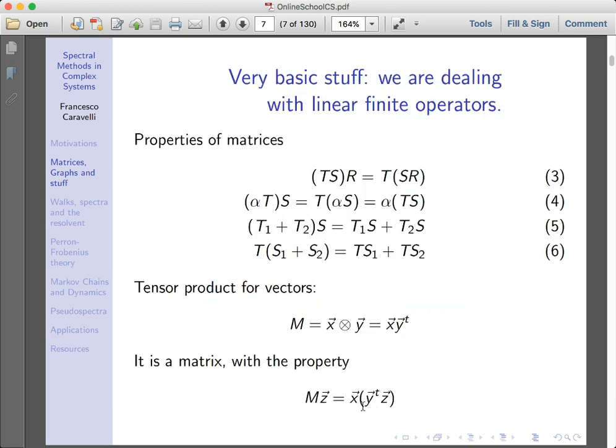For instance, in this dot product here, x by definition is an eigenvector. In fact, you can always apply M to x, and it's going to give you a scalar product between y and x multiplied by x.